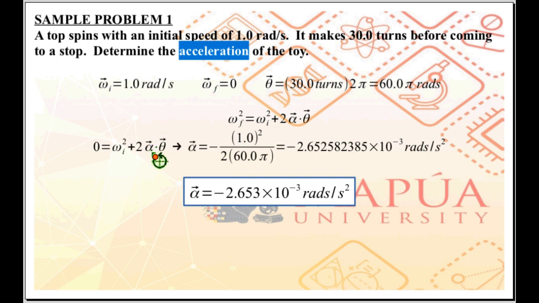The only unknown is angular acceleration alpha. So isolating alpha and plugging in the known values, we are able to calculate the angular acceleration to be negative 2.653 times 10 to the negative 3 radians per second squared.